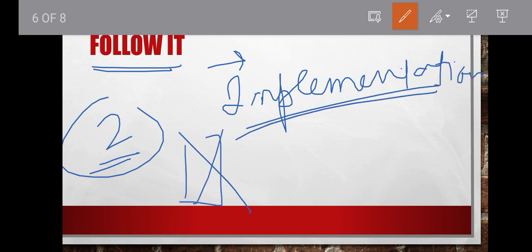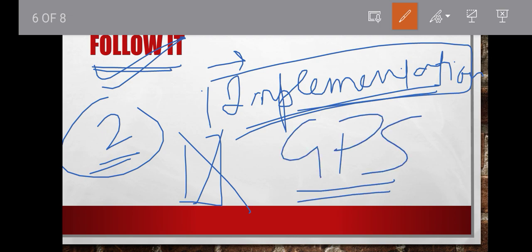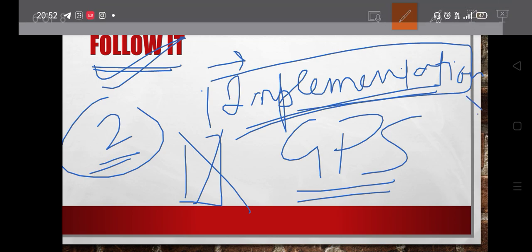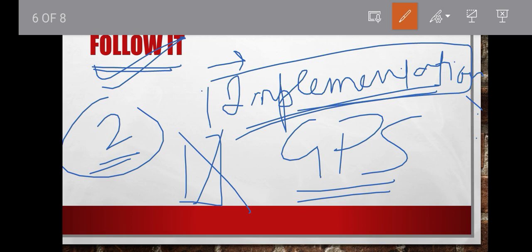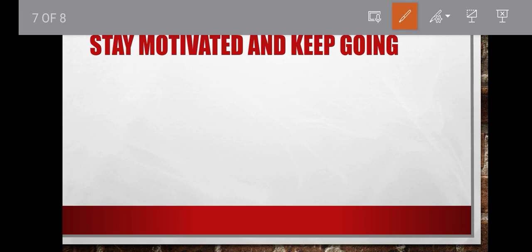It is not a great deal, but implementation is important. So follow what you have written in your GPS. And what keeps you going is motivation. So stay motivated and keep going.